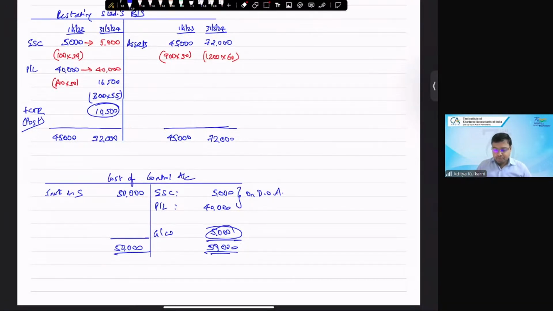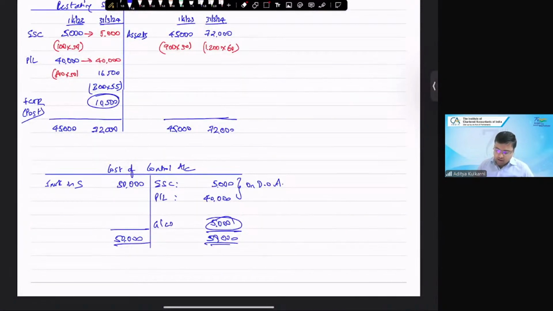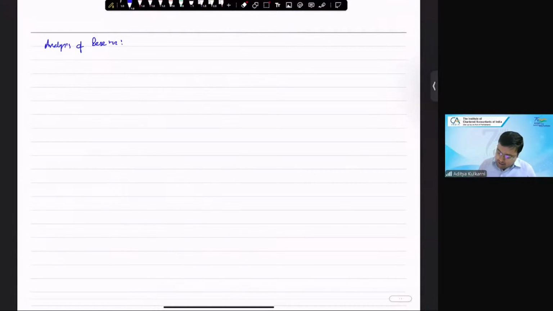Now, when I do my analysis of reserves, what is my total reserves balance? 40,000 plus 16,500, correct? 40,000 opening, 16,500 current year profits, so therefore I have 56,500.